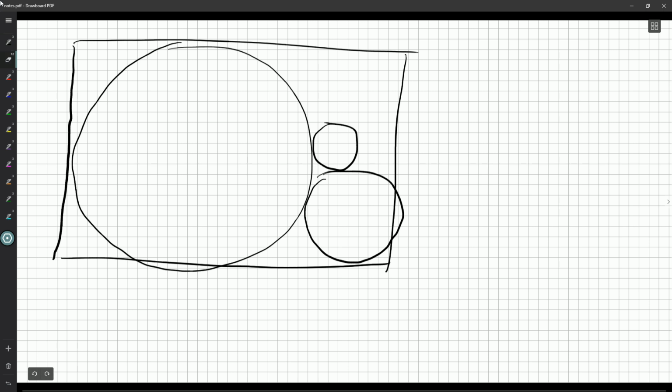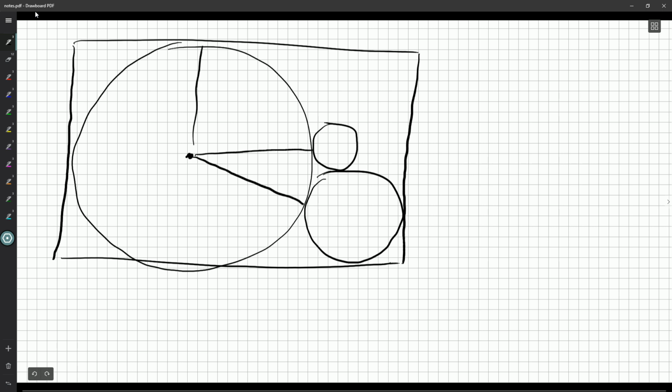Maybe the big radius is R1. Then the width of my rectangle is 2R1. Maybe call the medium-sized circle's radius R2.